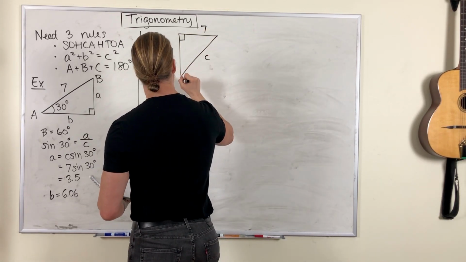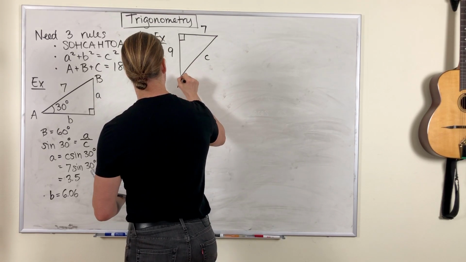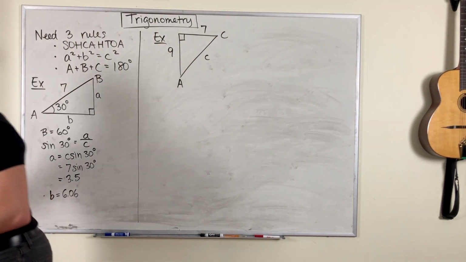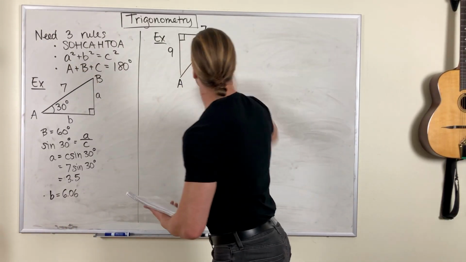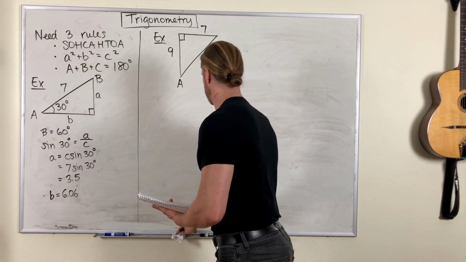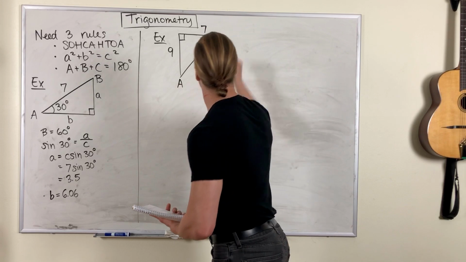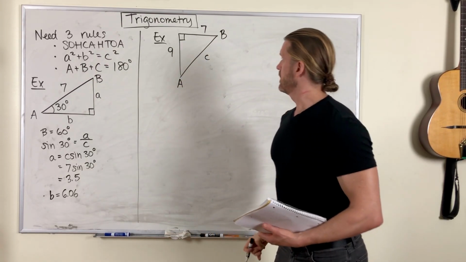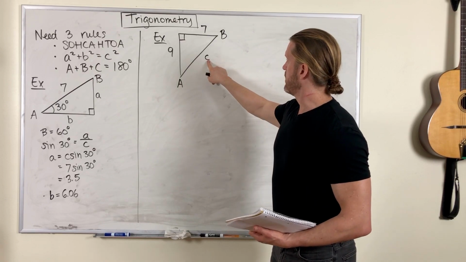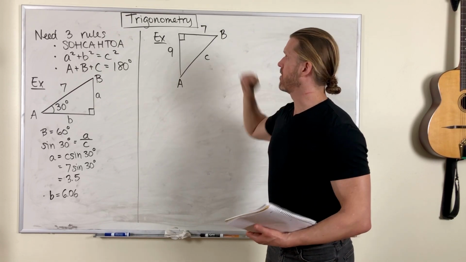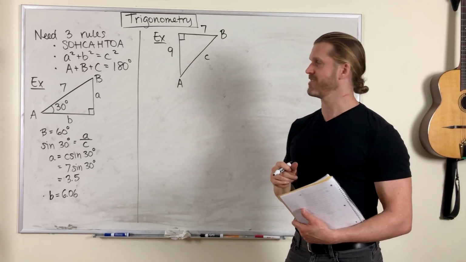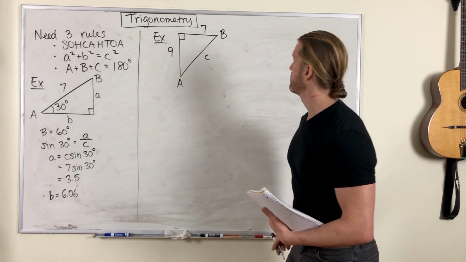And we don't know the hypotenuse. We don't know these 2 angles, A and B. So let's figure out hypotenuse, let's figure out angle A, let's figure out angle B. If you want to pause the video right now and do it on your own, do that, and then you can check your answer against mine.